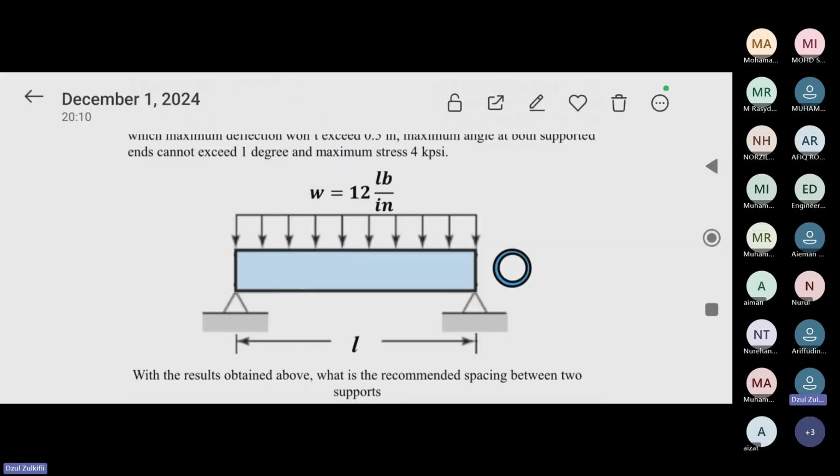It's actually a screenshot from Google, but this is an example where, if your piping cannot meet that API 574 minimum thickness, what you can do instead of FFS is to apply some engineering calculation to determine the thickness that you need. So in this example problem, you can see that there's a uniform weight, 12 pounds per inch, and then the piping has a span between the supports and the piping is circular in shape. So you can do some engineering calculation.